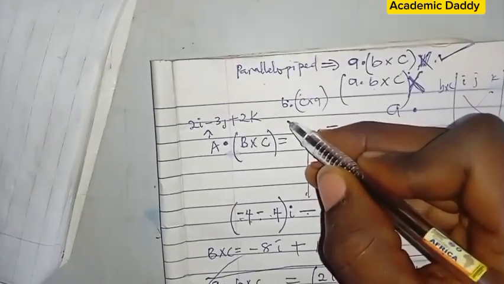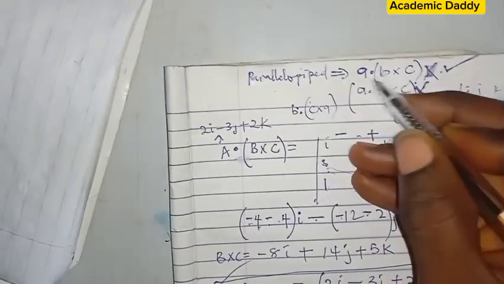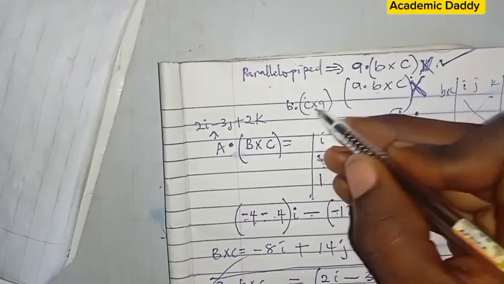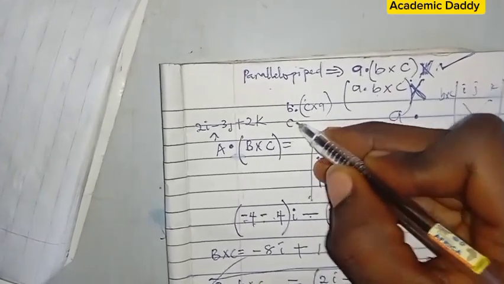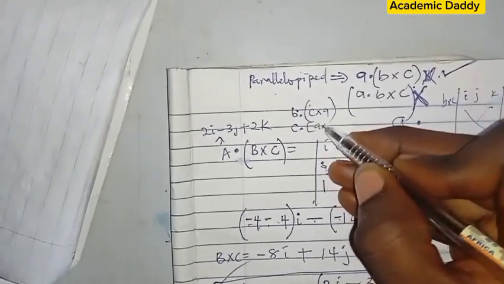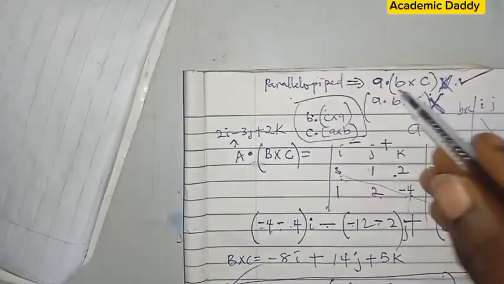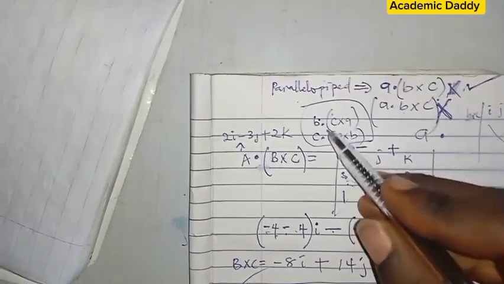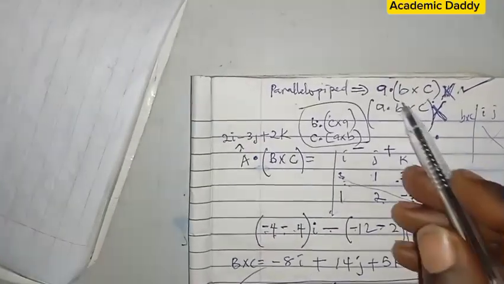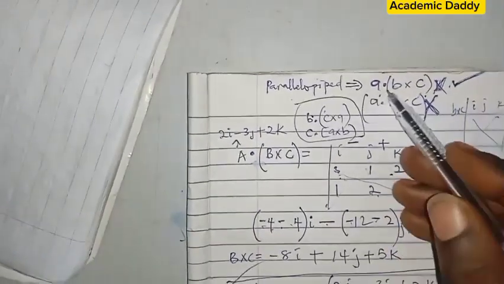So this is the correct one, because whatever I get doing A dot B cross C is supposed to give me B dot C cross A, and this is also supposed to give me C dot A cross B. So that's how I know if my answer is correct. By the time I finish doing any of it and I check with something like this and it doesn't correspond, I know this is the right one to use. This is the correct formula.